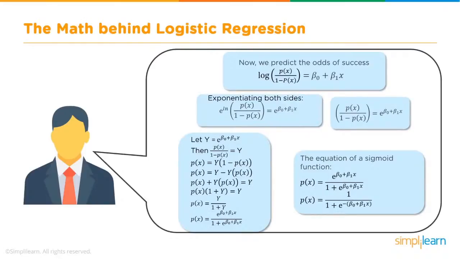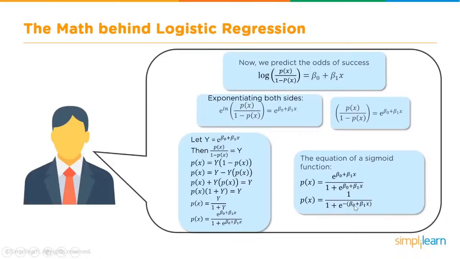And the term logistic is actually derived from the fact that we are doing this. We take a log of p(x) by 1 minus p(x). This is an extension of the calculation of odds that we have seen, right? And that is equal to beta 0 plus beta 1x, which is the equation of the straight line. And now from here, if you want to find the value of p(x), we can take the exponential on both sides, and if we solve that equation, we will get the equation of p(x) like this. p(x) is equal to 1 by 1 plus e to the power of minus (beta 0 plus beta 1x).